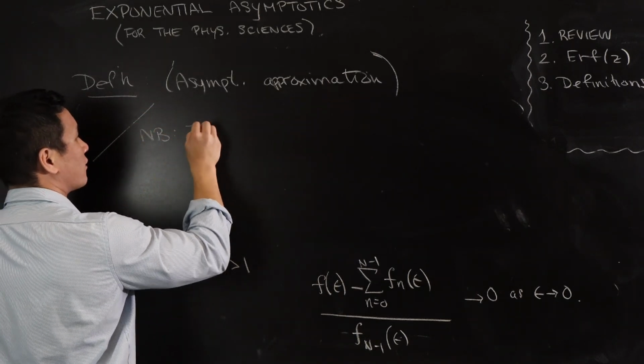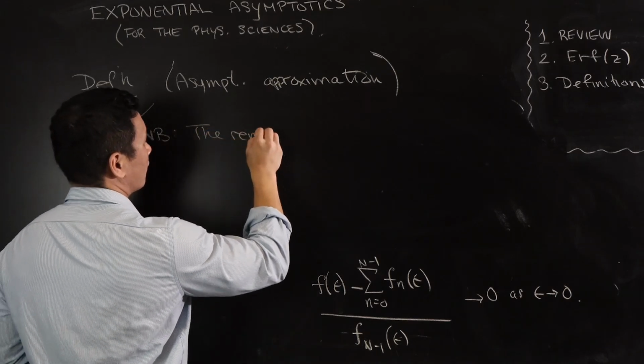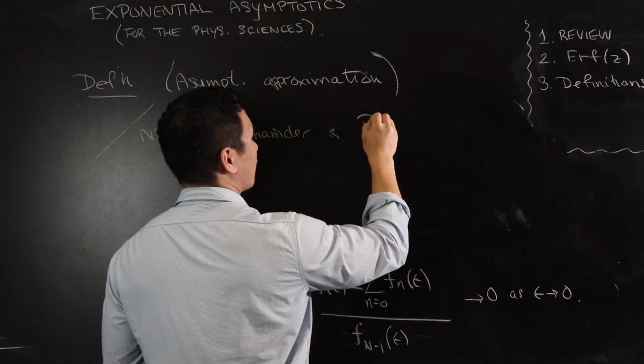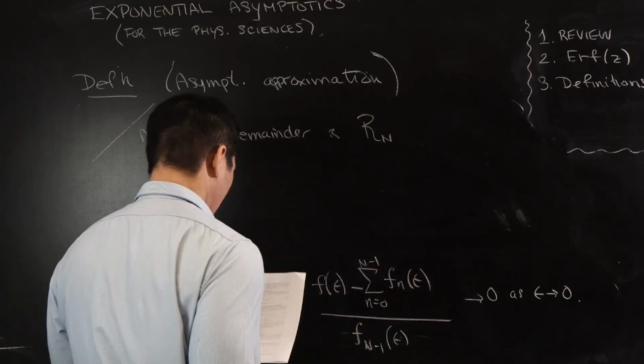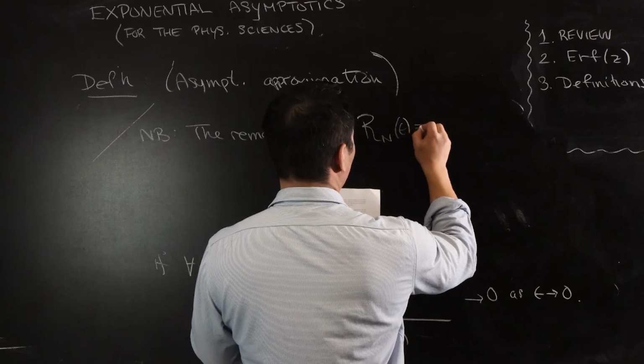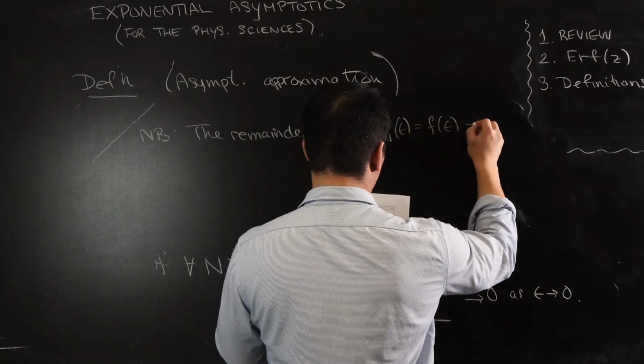So this is just a note. The remainder is R n of x, I think I've called it here, so this remainder is this thing here.